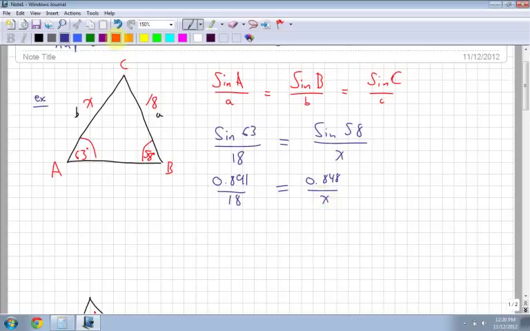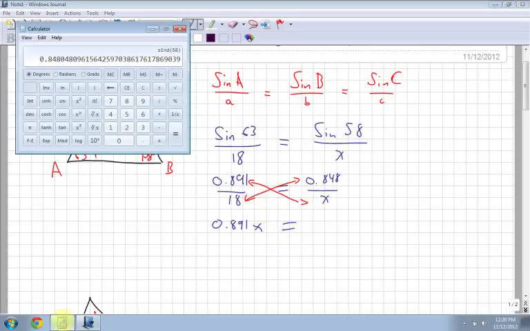There's a couple of ways to do them. I use cross multiplication. So I multiply the top by that bottom and this bottom by that top. So I end up getting 0.891 times x is 0.891x, which is equal to 0.848 times 18, which is 15.26.